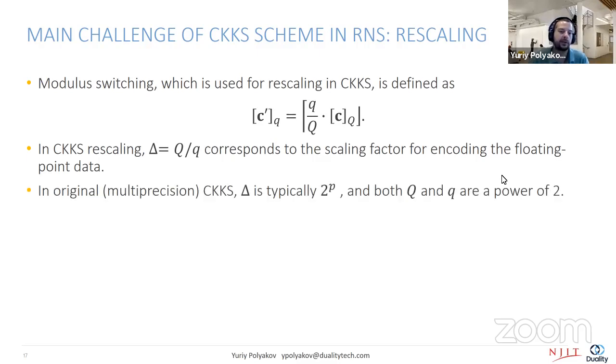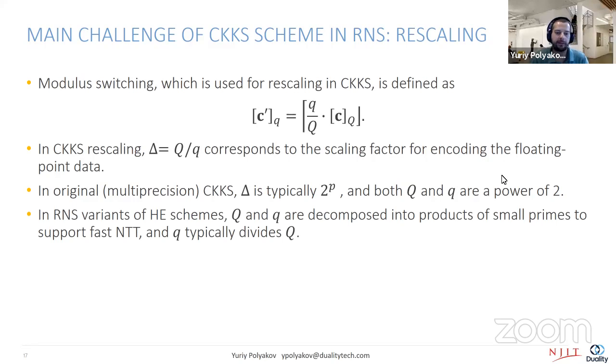And in the original multi-precision CKKS, I'll quote the textbook CKKS in a couple of places, this delta is typically a power of 2, which is very convenient for many reasons. Both uppercase Q and lowercase q are powers of 2.